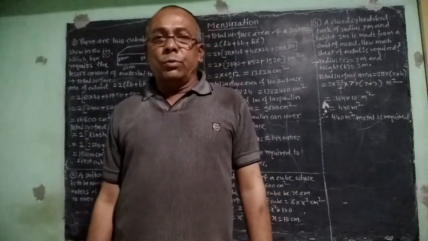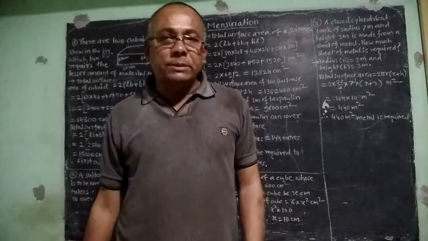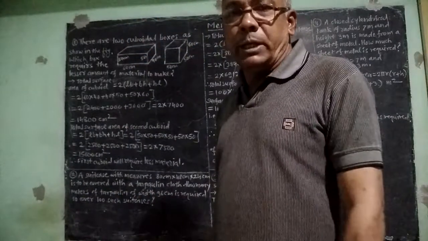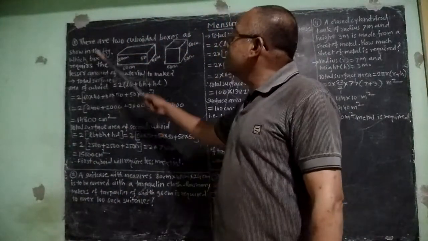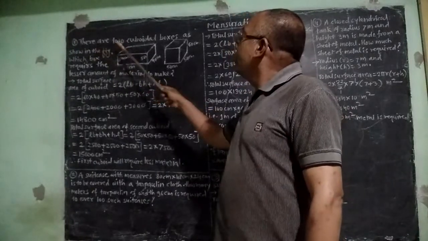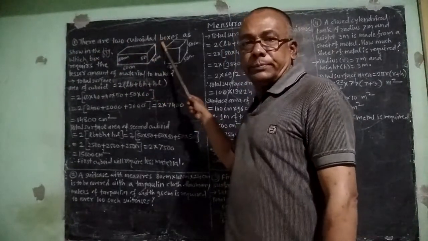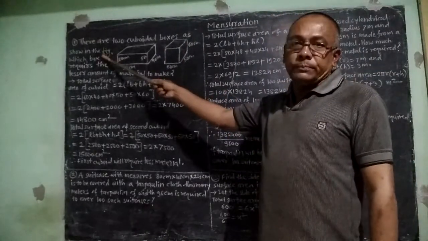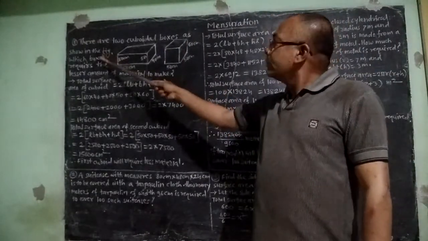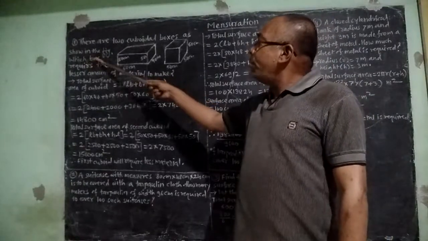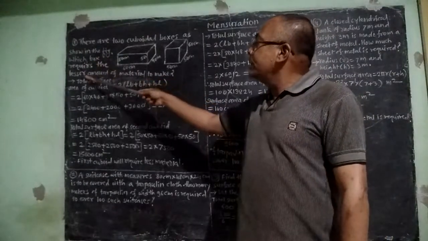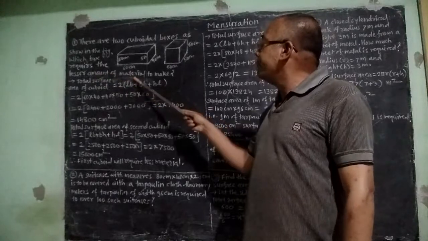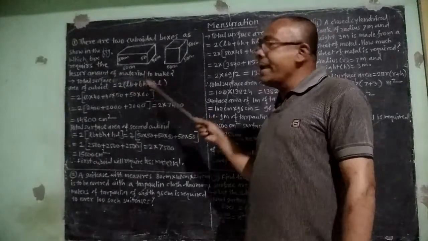So we are now solving some examples related to these formulas. So first is, there are two cuboidal boxes as shown in the figure. Which box requires the lesser amount of material to make?